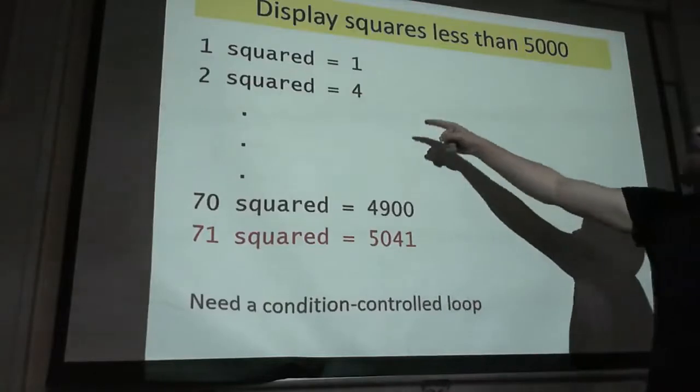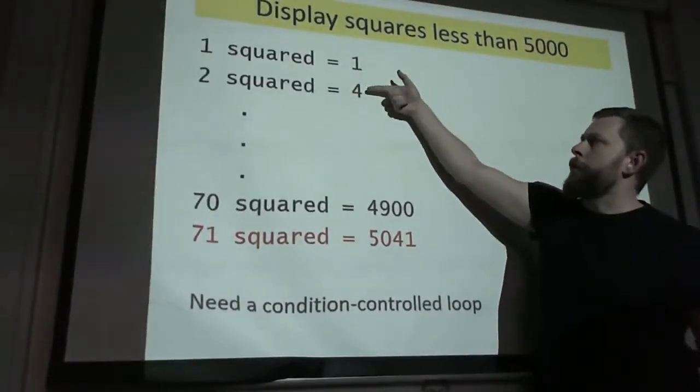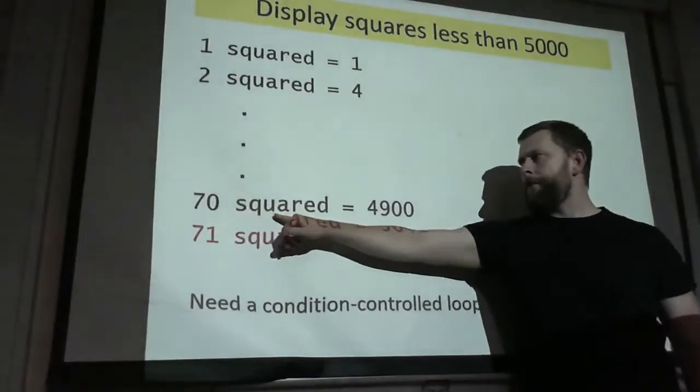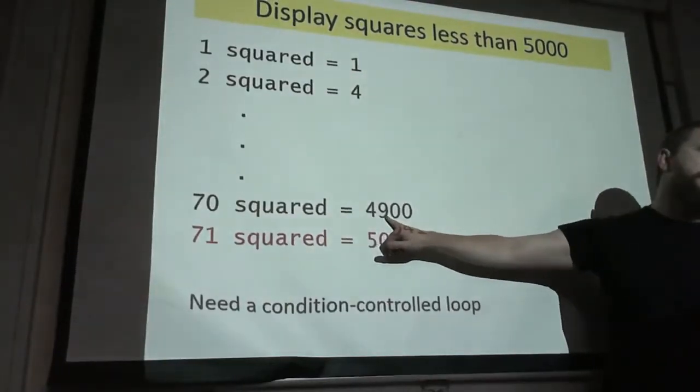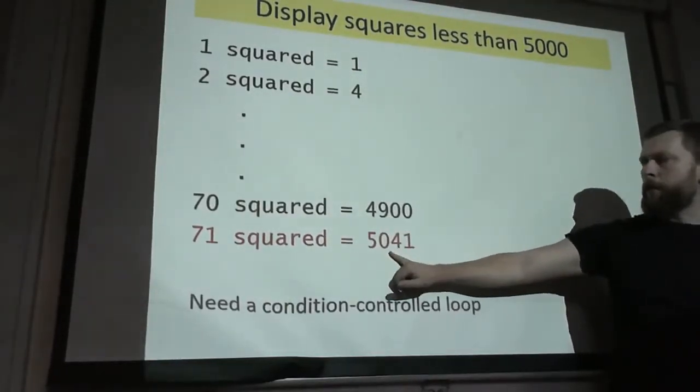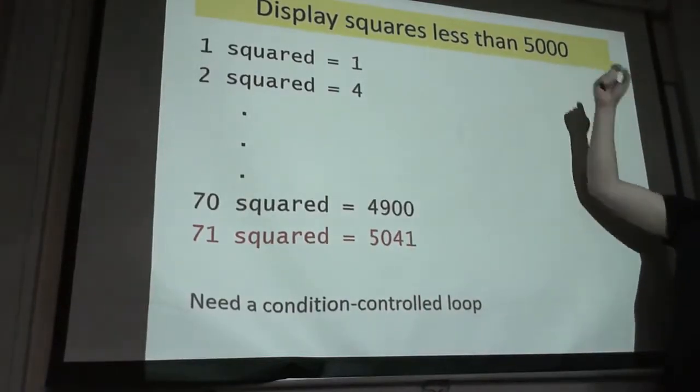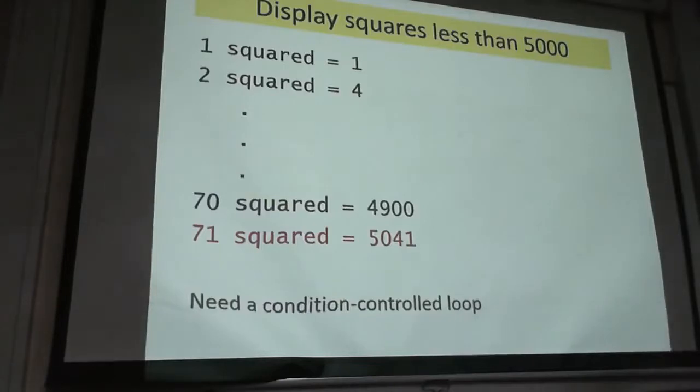So you can see here, the square of 1 is 1, the square of 2 is 4, the square of 3 is 9, all the way up to the square of 70, which is 4,900. But the square of 71 is 5,041, which is above 5,000. So that's what we want to avoid.